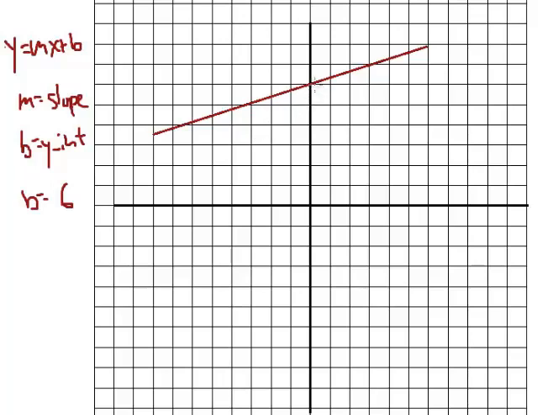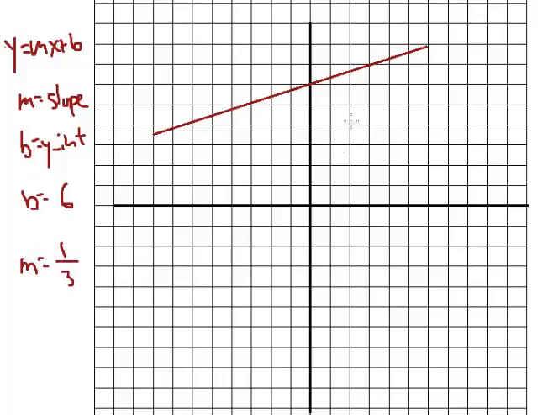Right at this point, we're at 0, 6, which is the y-intercept, and it goes up 1 as it goes over 3. So it rises 1 for every 3 that it moves over. And it can start all the way back here. Up 1 over 3, up 1 over 3, up 1 over 3. So the slope in this case is 1 over 3.